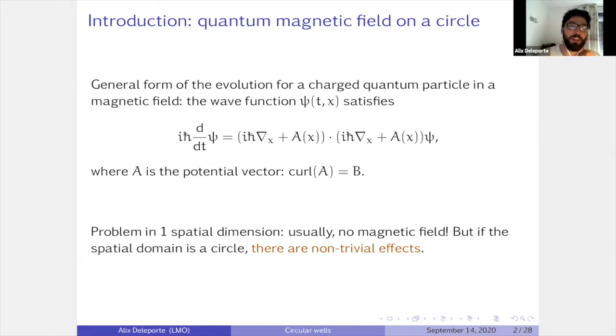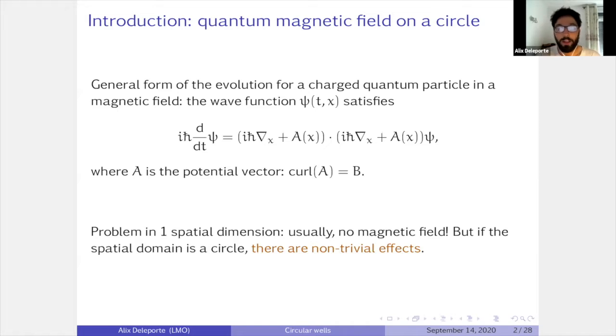So the differential of psi with respect to t is some kind of Laplace operator applied to psi, and this Laplace operator is shifted in momentum by some function A. A, if you know a bit about classical electrodynamics, is the vector potential. So the curl of A is a magnetic field B.